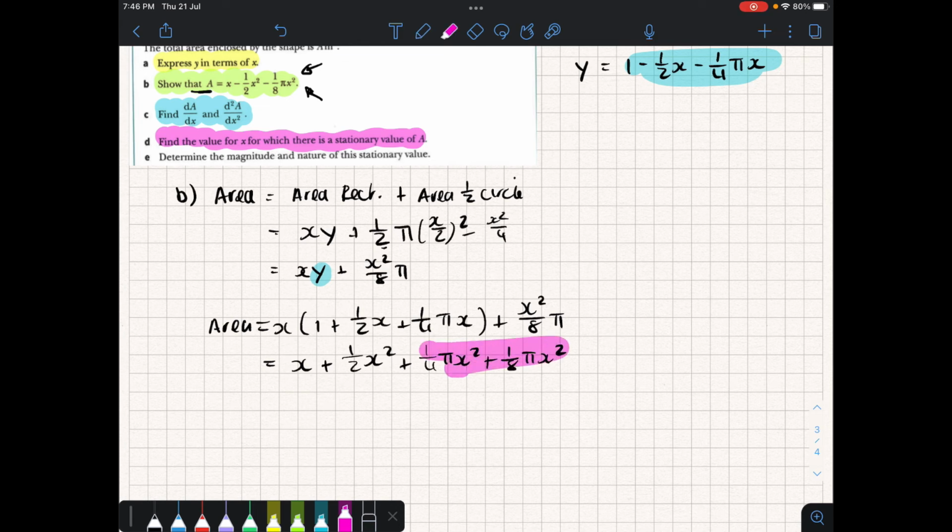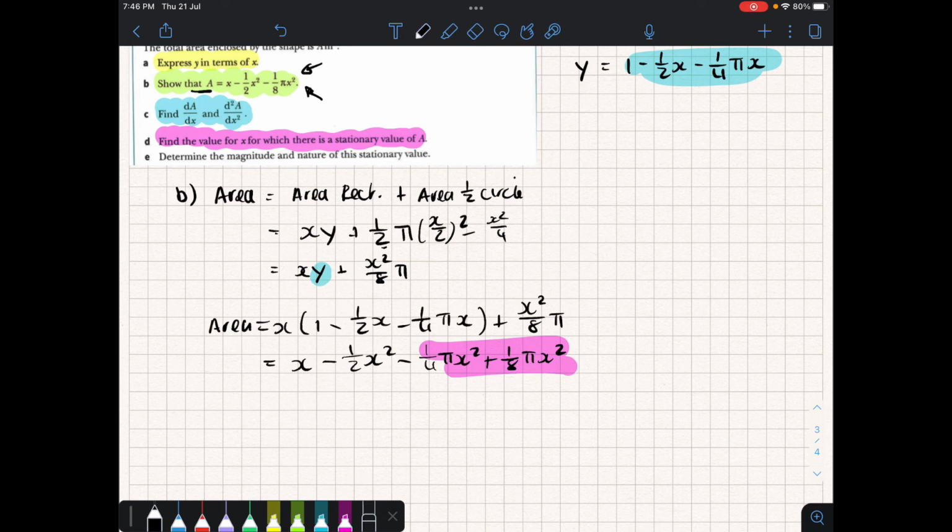These two terms are the same, and so we can add their coefficients, and that's good. Except that this was a minus sign, so let's just quickly change that. And this was a minus sign, so let's just change that.